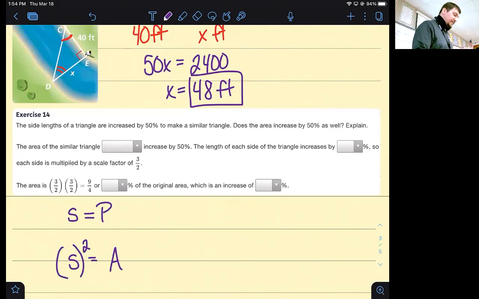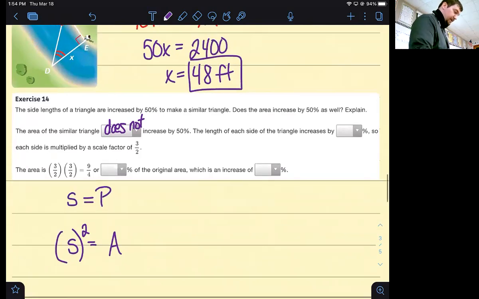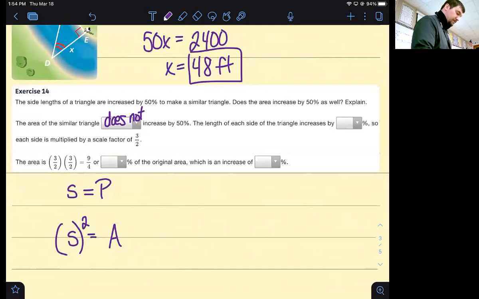So let's look at their work here. It says the area of the similar triangle, I'm going to say, does not increase by 50%. The length of each side of the triangle increases by blank percent. So each side is multiplied by a scale factor of 3/2. Okay, so let's see if the triangle is increased by 50%.